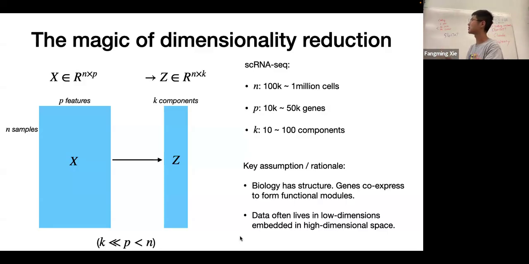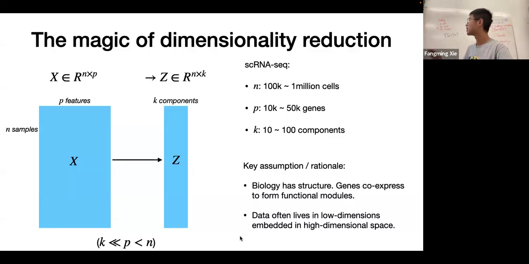If the table is completely random, you cannot reduce information from hundreds of columns to a few columns. But because genes have structure, meaning different genes co-express to form functional groups and coordinate with each other, their patterns will be similar. Some genes will have similar patterns in certain cells. That allows you to reduce and combine them into a component without losing much of the information from the data.